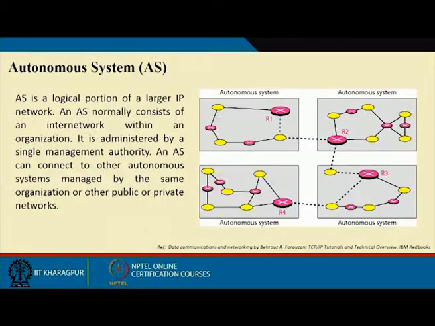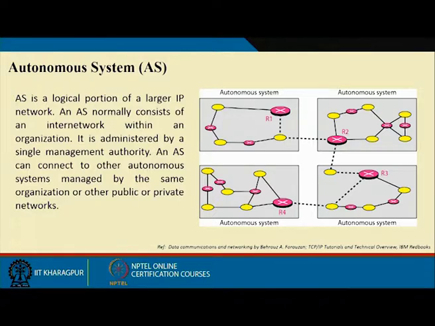That means it is under one administrative control or one administrative policy. It is administered by a single management authority, and an AS can connect to other autonomous systems managed by the same organization, or public or private, and so on.